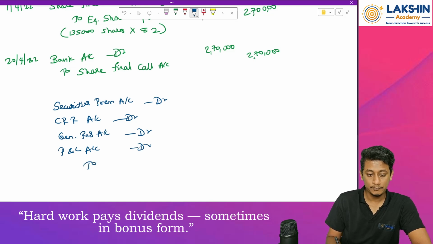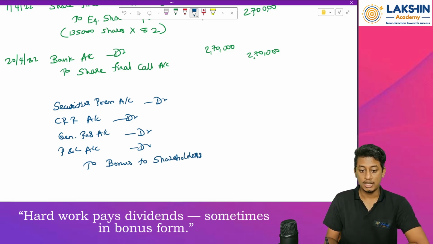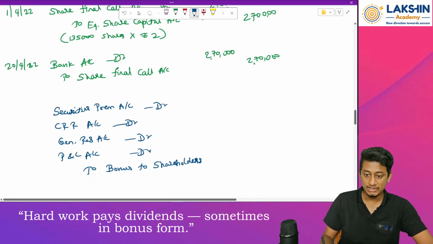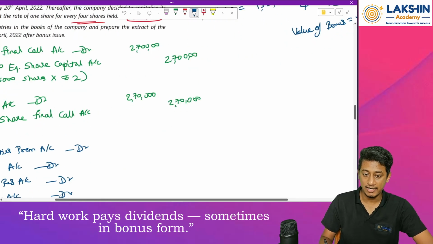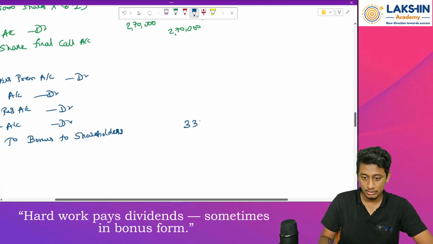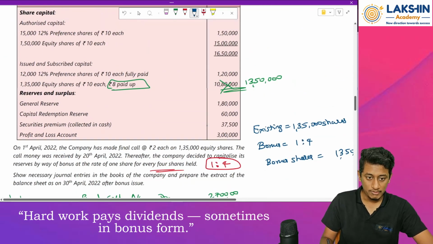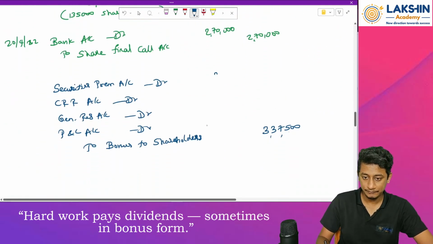To bonus to shareholders. Remember the entry we passed before? Okay. How much is the bonus issued? 3,37,500. So how much on securities premium? 37,500. So this is 0 now.